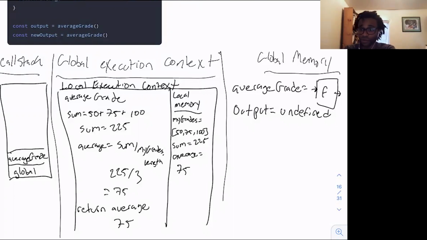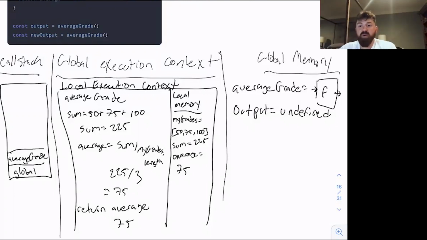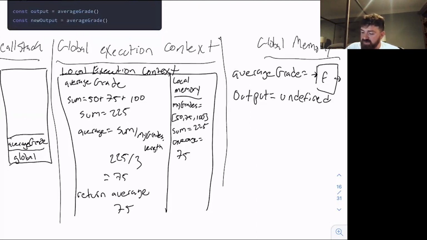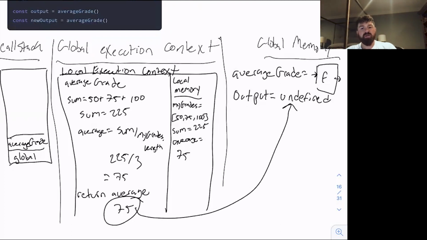The variable output. Yeah, to output, that's where we invoked it. We said, hey, here's this variable output, I want you to invoke average grade, and whatever gets returned, save that as output in global memory. So this 75 will be returned to output.